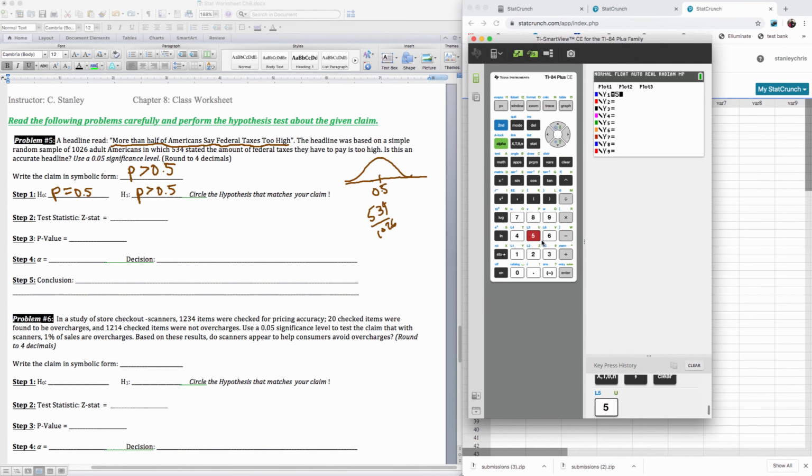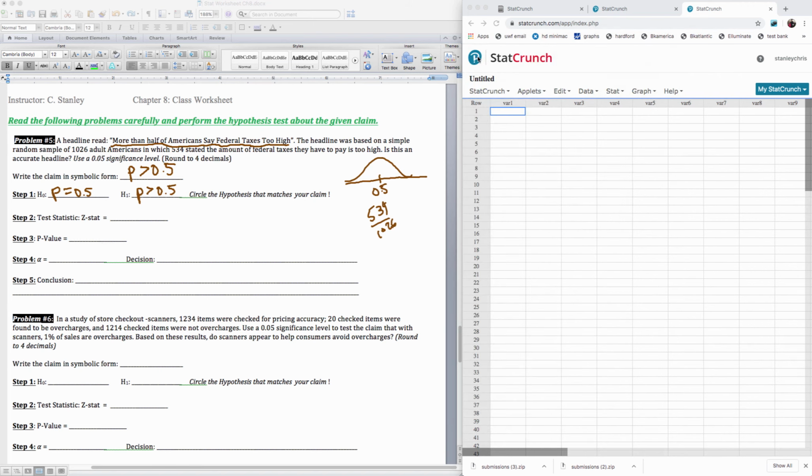So 534 divided by 1026 is about 0.52. Based on this sample percentage, which is 52%, they think that in all Americans it's more than 50%.